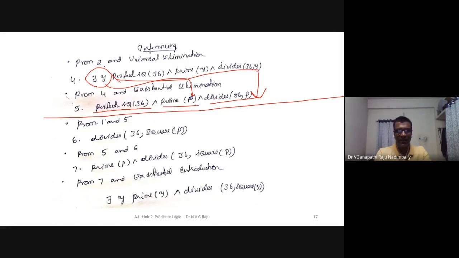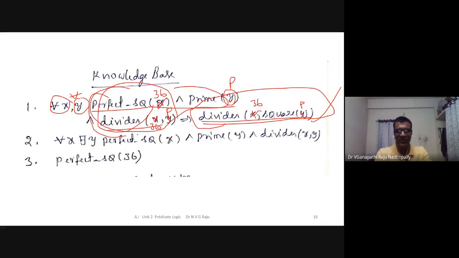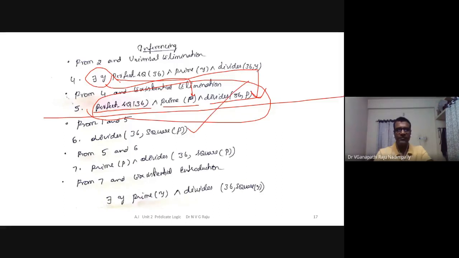Is it looking like whatever equation 5 we got, this one, the left side? Wherever the implication is there, if it is true, then it will become true. So instead of 5, I will replace with divides of 36 square of p. So this is my outcome. From 1 and 5, this is my outcome. Yes or no? Yes, sir.